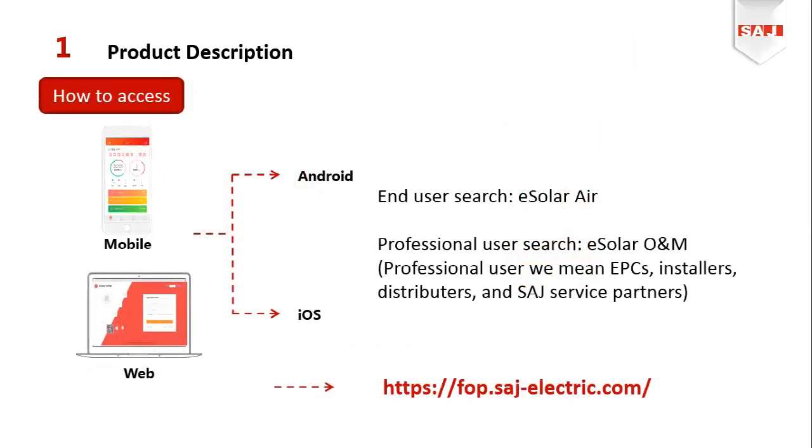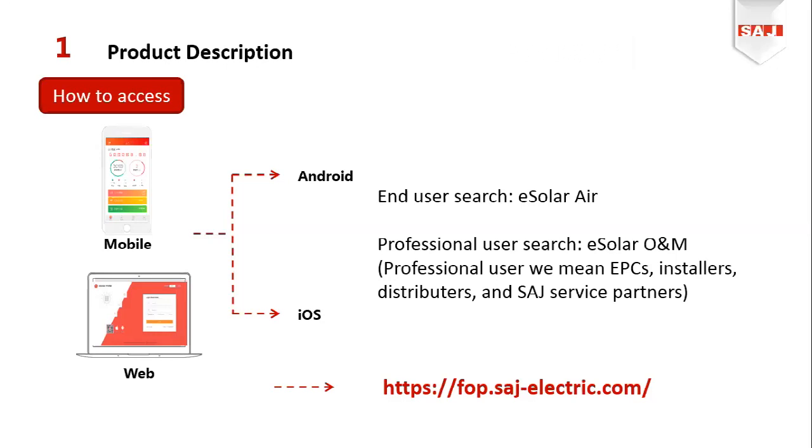Okay, now we have finished the description of the functions of eSolar OM, which is mainly for the distributor and the installer. Now we start to show you the functions and the interface of the eSolar Air application, which is aimed at the end user.